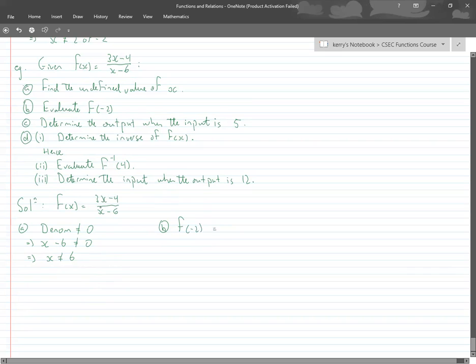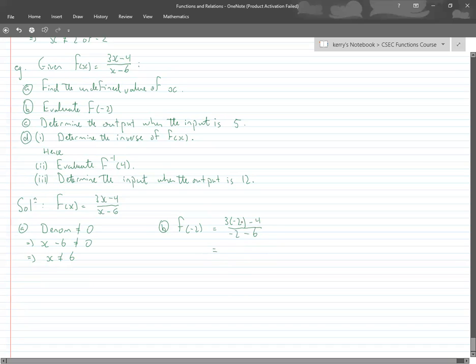Now what we need to recall, remember, f of x: f is the name of the function, or the instruction. x is your input, and this is how to get the output. So f of negative 2 is 3 into negative 2 minus 4, all over x minus 6, which is negative 2 minus 6.